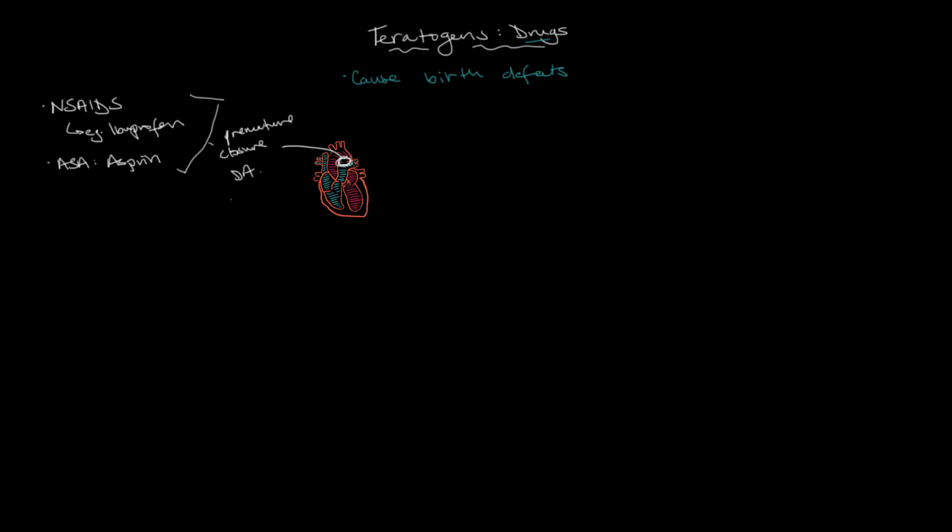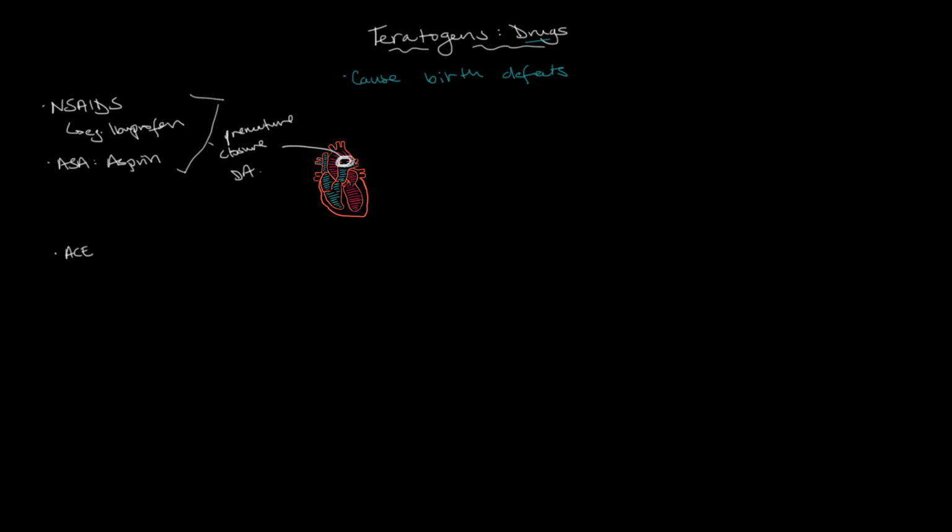So you can go over that video again if you don't remember what the ductus arteriosus is, but you want to keep that open until the baby's born, and this gets closed prematurely if you take too many NSAIDs or aspirin during pregnancy.